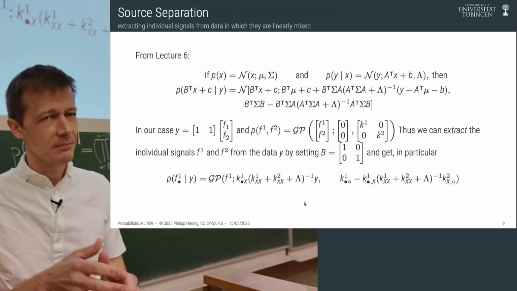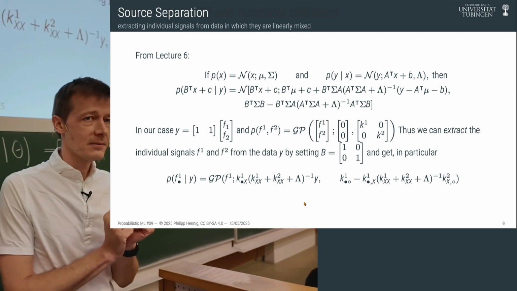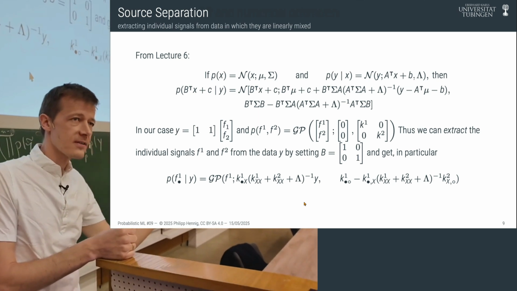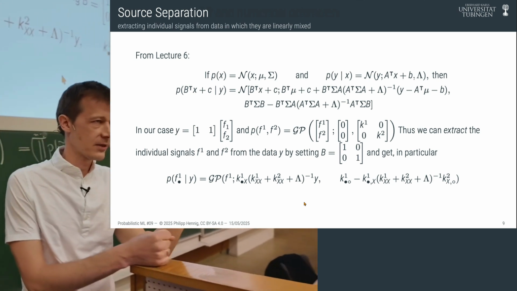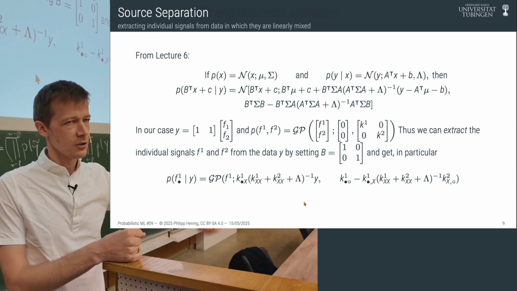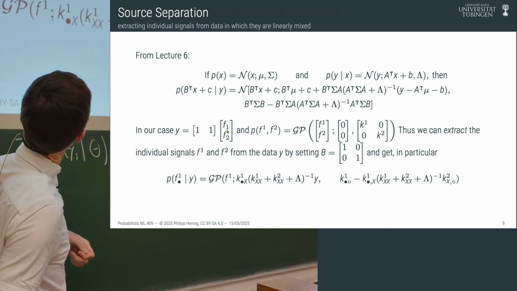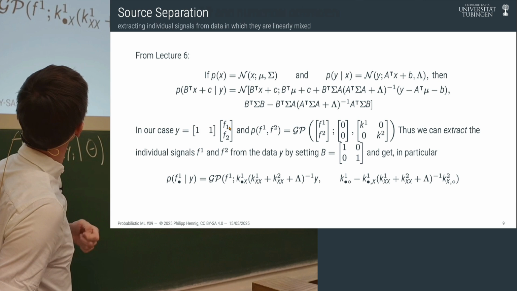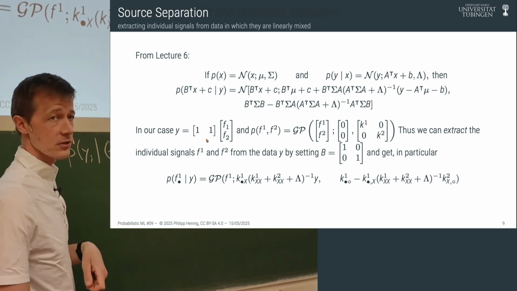Now, conveniently, because sums are linear maps, and Gaussians are closed under linear maps, we can also do the reverse projection and take the sum of the functions, which are the observations that we've made, and project back out into the original space of the individual functions. So to get to the data from the function space, let's say we have two functions, we get to the space in which we make observations by summing those two functions.